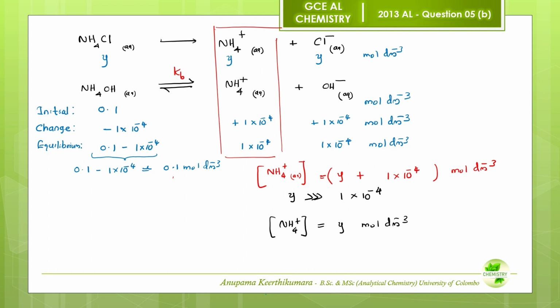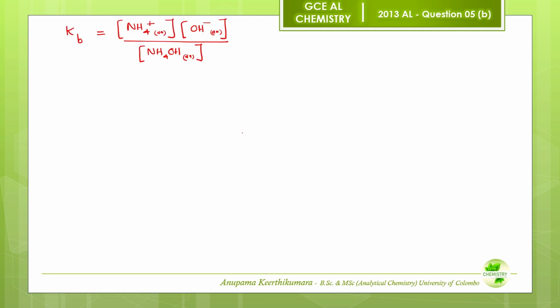Therefore, Y can be calculated using this expression. This is the Kb expression. Ammonium ion concentration equals Kb times ammonium hydroxide concentration divided by OH minus concentration.